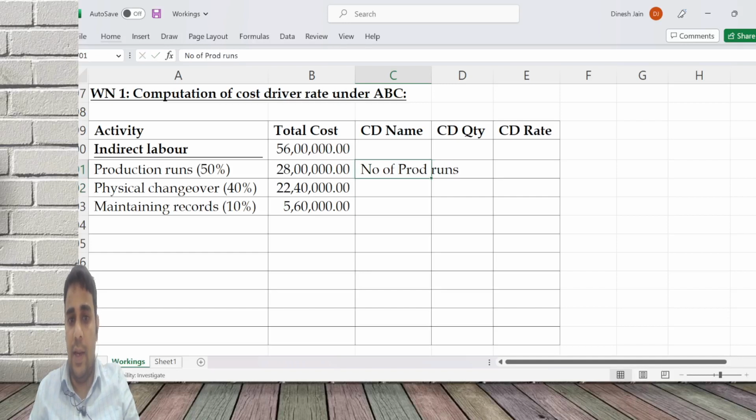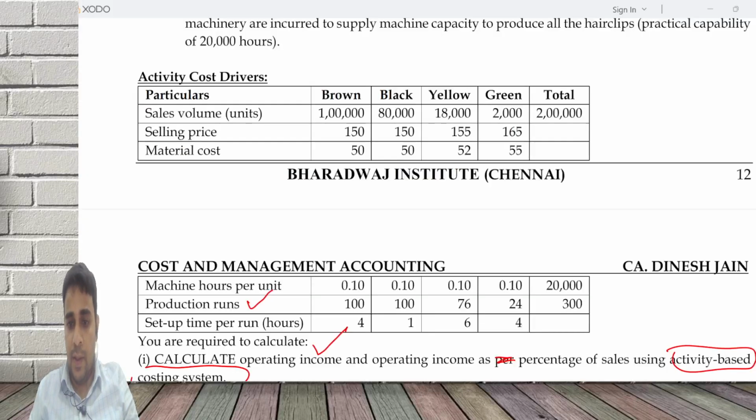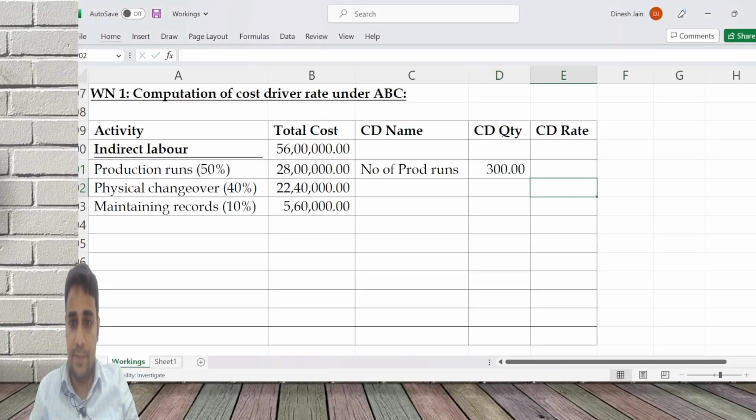We are getting a recovery rate for each of the items. 300 runs are there. 28 lakh divided by 300 gives 9333.33. 9333.33 is the recovery rate.